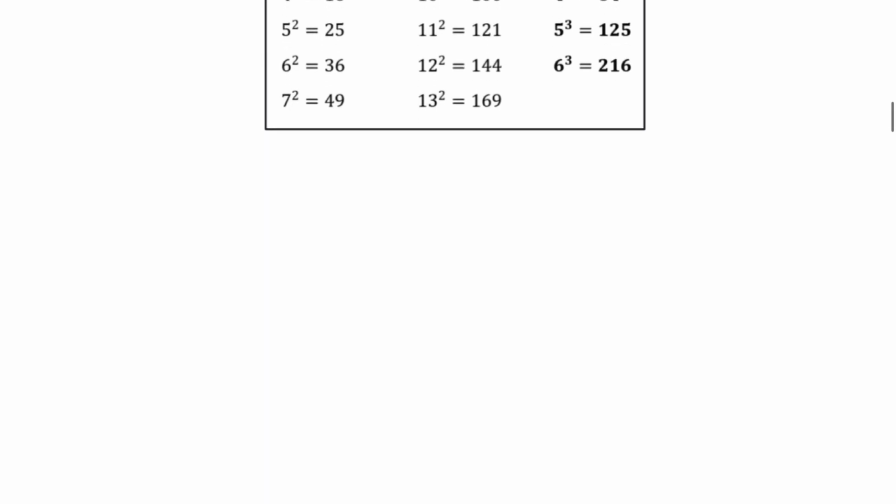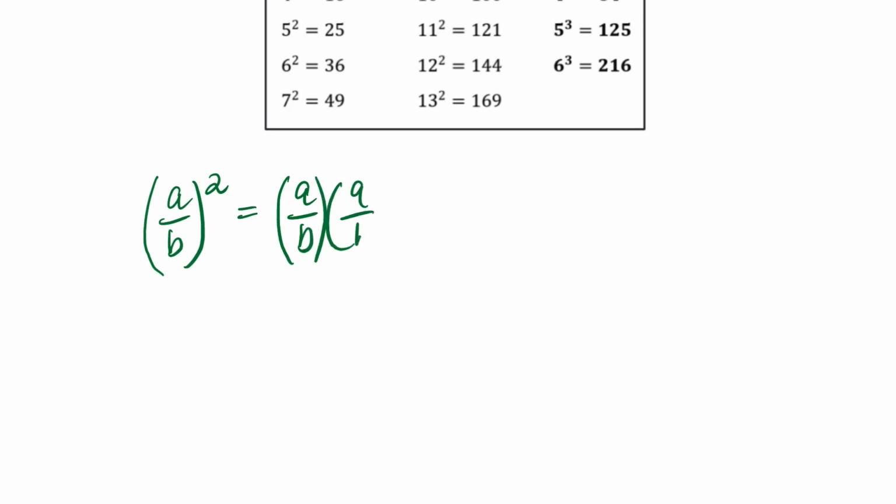Now we're going to look at fractions. Let's start with the square of a fraction. If we have a over b, a fraction, to the power 2, this simply means that everything inside there, the fraction, multiplies itself twice.